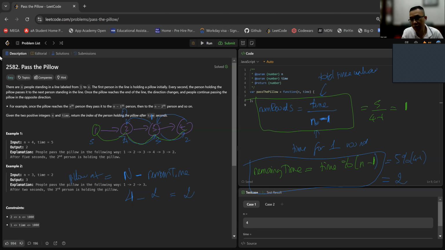But we need to know whether the number of rounds is odd, right? If the number of rounds is odd, we know that we are going from left to right. If the number of rounds is even, we know that it is going from right to left.